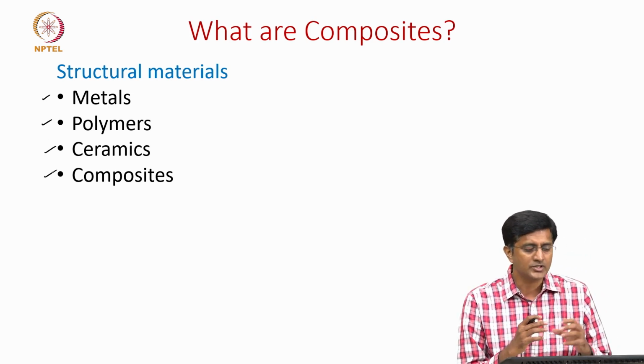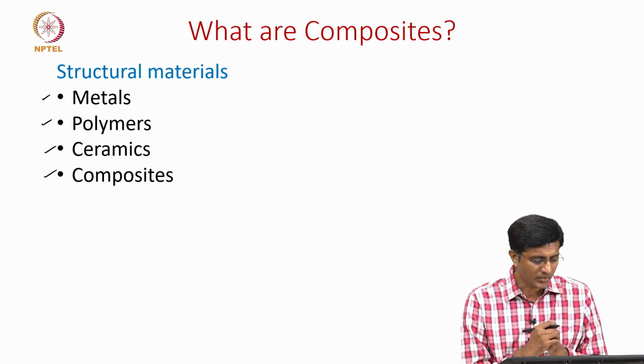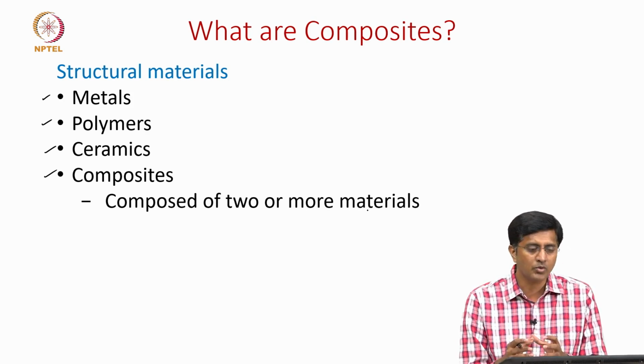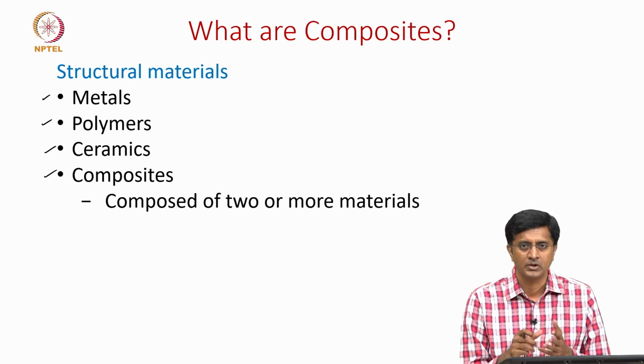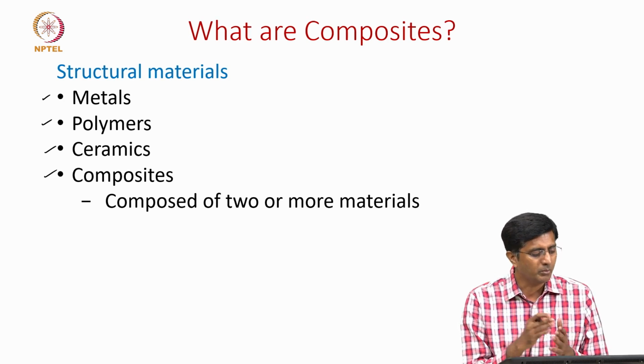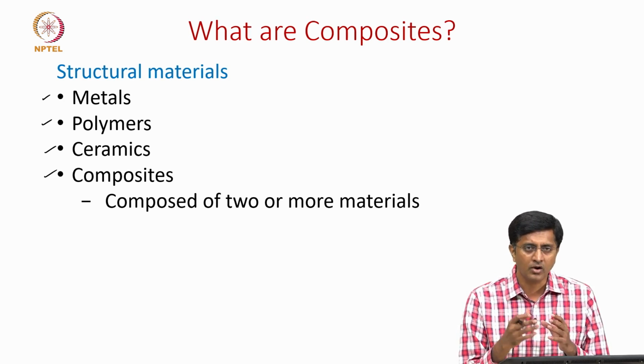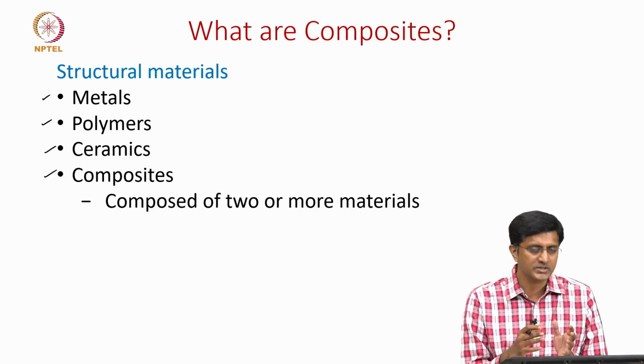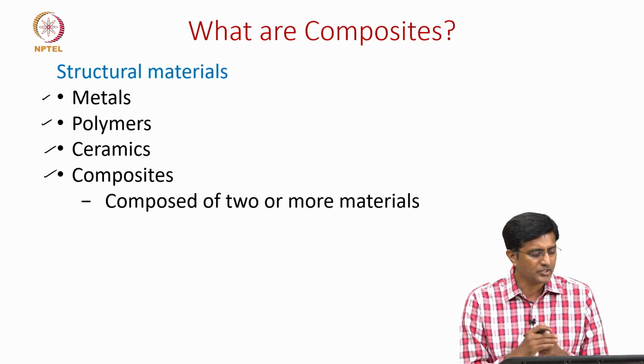But the first 3 I would say are the basic structural materials, because composites are usually composed of 2 or more materials, and these 2 or more materials come again from the first 3 categories. They can be from metals, polymers and ceramics. So, a composite could be either a combination of a metal with a polymer or ceramic, or maybe just 2 metals itself. The same thing with polymers and ceramics. So, any combination of these first 3 categories.